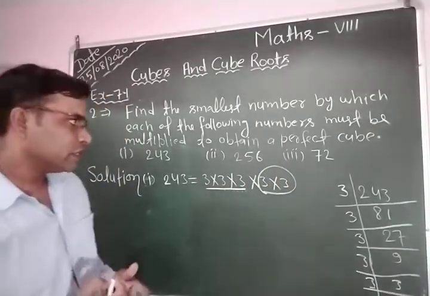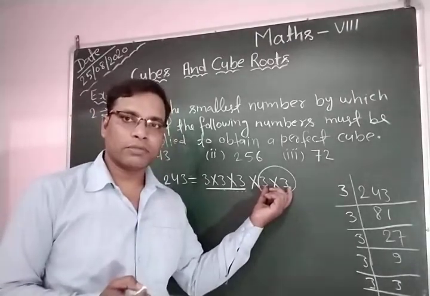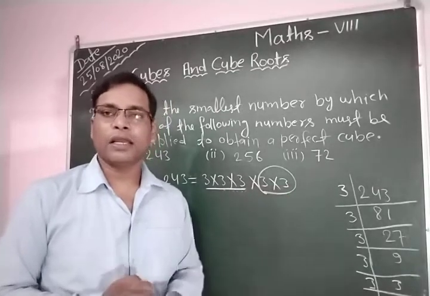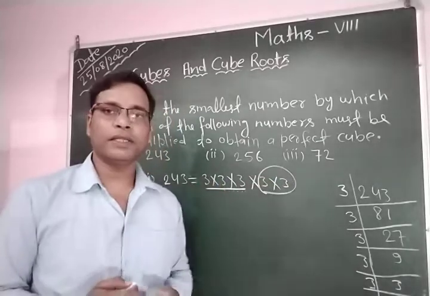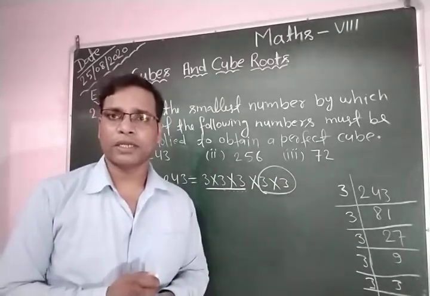Okay, so which number do you multiply here so that this group becomes a group of 3? Obviously you can say 3. Okay, if you multiply this number by 3, then this number becomes a perfect cube.